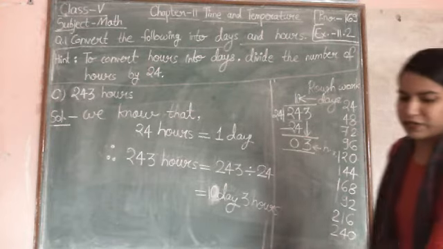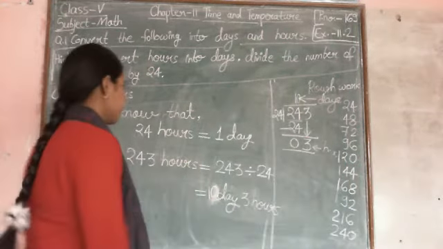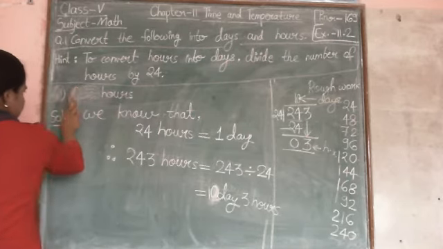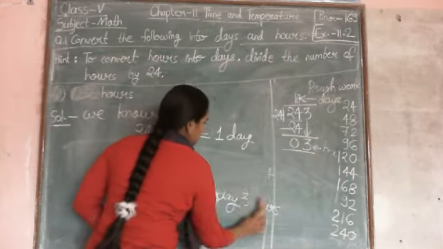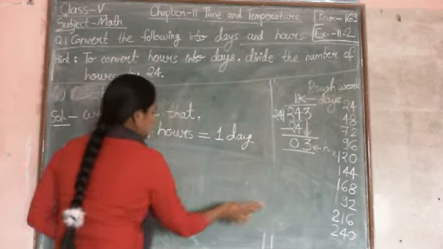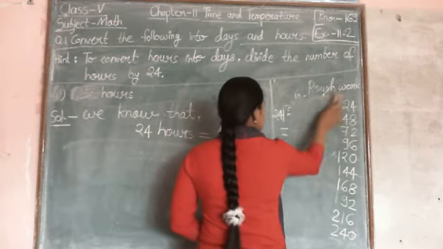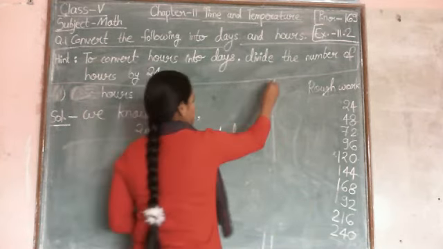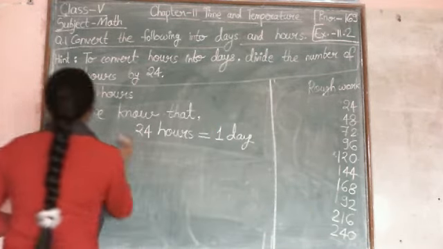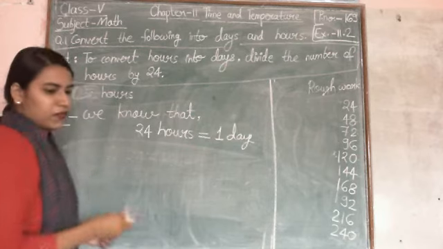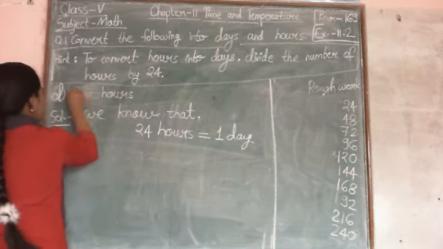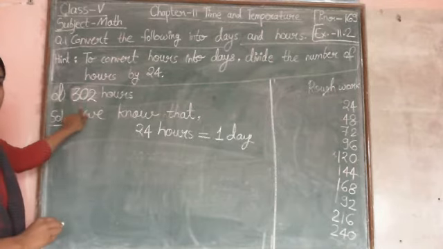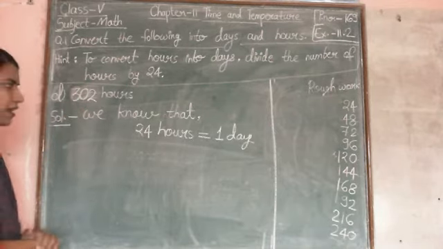Now we will solve question number D. In question number D, what is given? 302 hours is given, and we will convert these 302 hours into days and hours.